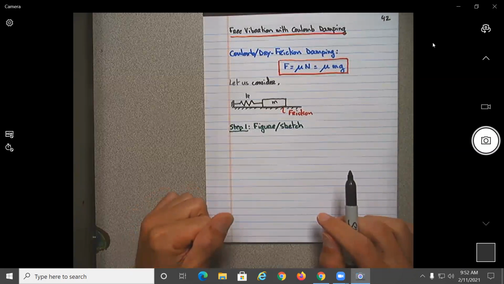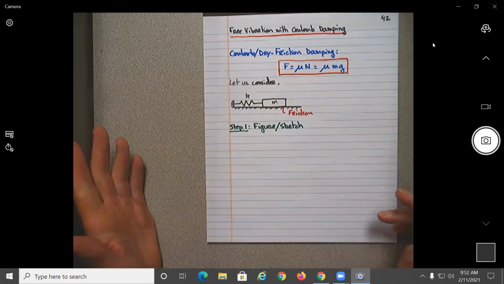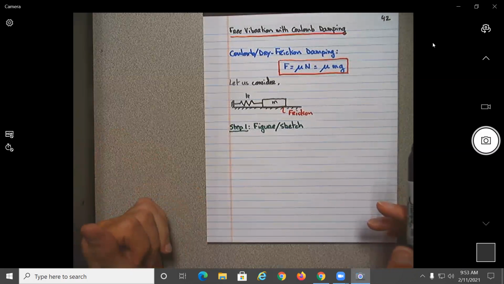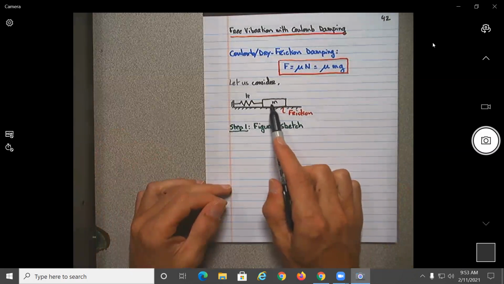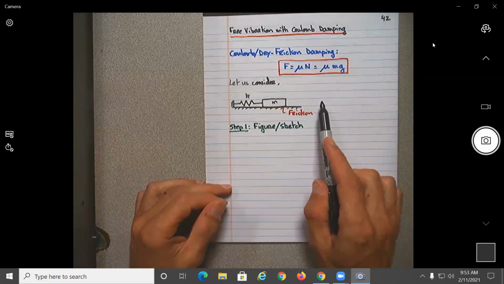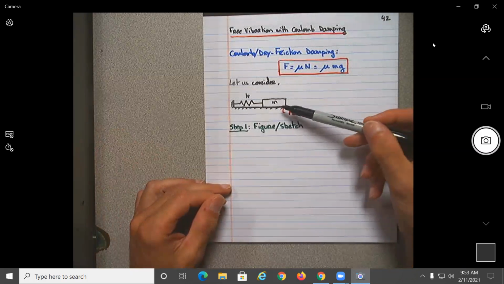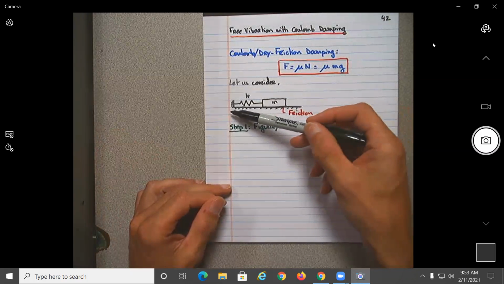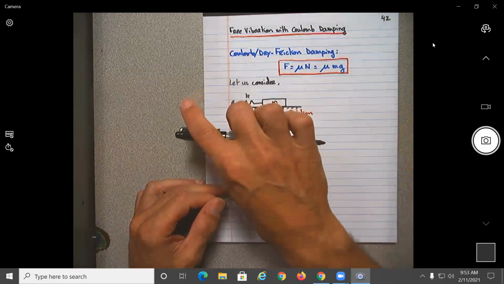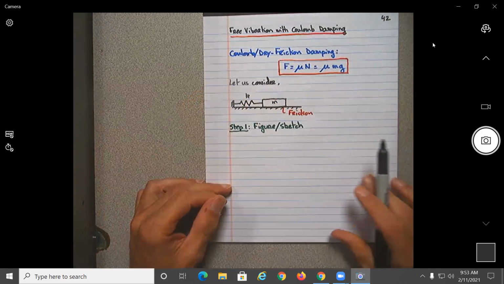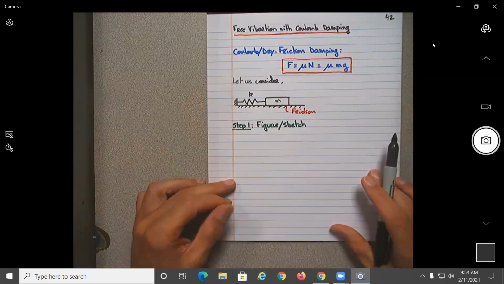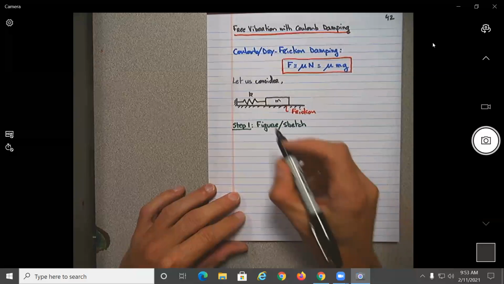Here we have two cases because the friction force is going to have an opposite direction in both cases. Once you pull the block to the right, the friction force is going to go to the left. But once the block is being pulled back by the spring, now the friction force is going to go to the right. Okay? So let's do those two cases.